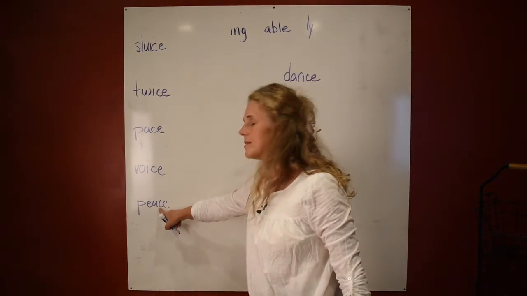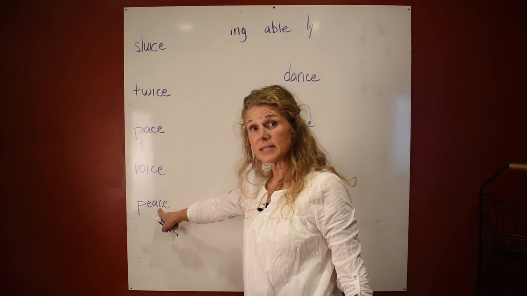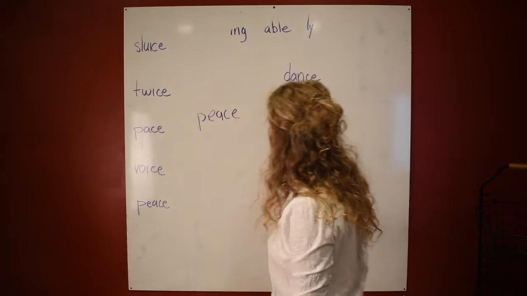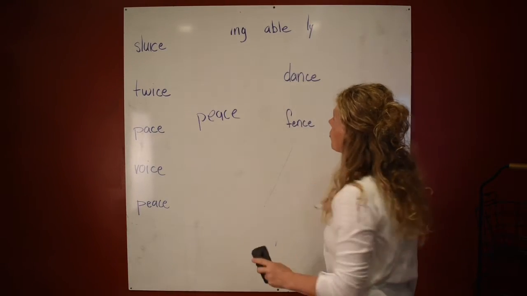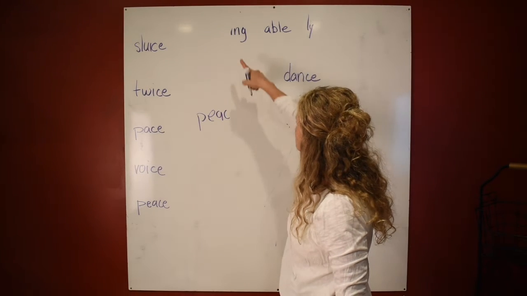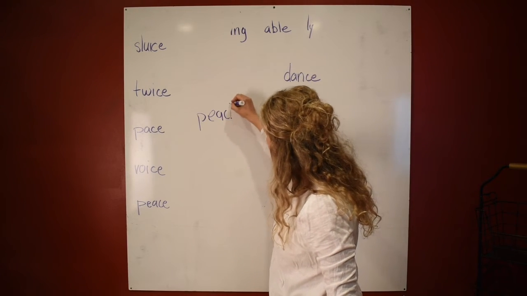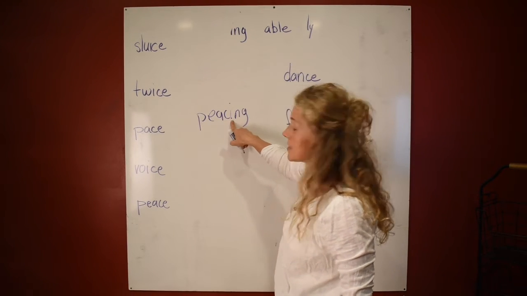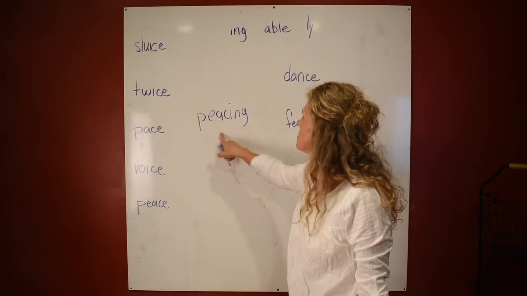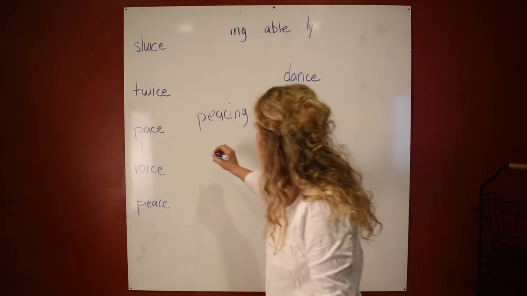See how that E is forcing that C to say S, peace. Okay? So we are going to make it say piecing. So we're going to add on your vowel suffix that starts with an I. See how this is an E, I, or a Y? So it's still forcing that to say S, piecing. So you drop the E here.